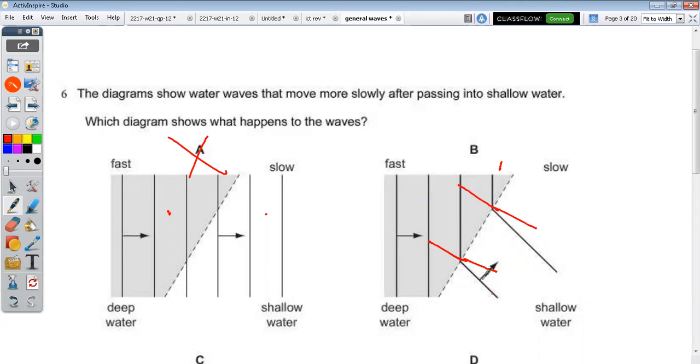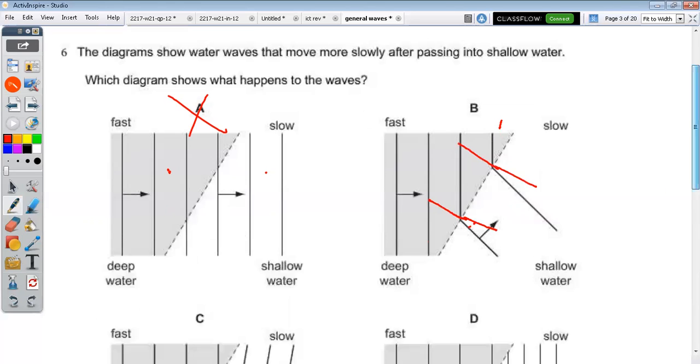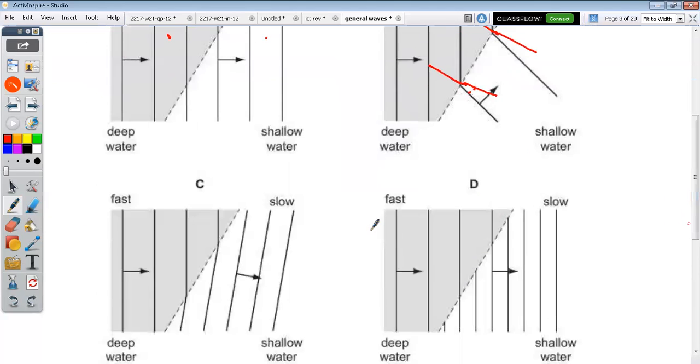So now remember my physics here. If I'm moving from water that is fast to water that is slow, it means my angle of refraction has to be a small angle, because the speed is what? The speed is slow. Is that making sense?